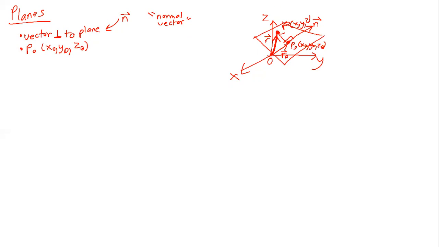So you can see that now we're able to say, okay, from our point P0, which is here, and then we have a normal vector, then we're able to know where all the other points lie in this plane. So let P of x, y, and z be an arbitrary point in the plane.